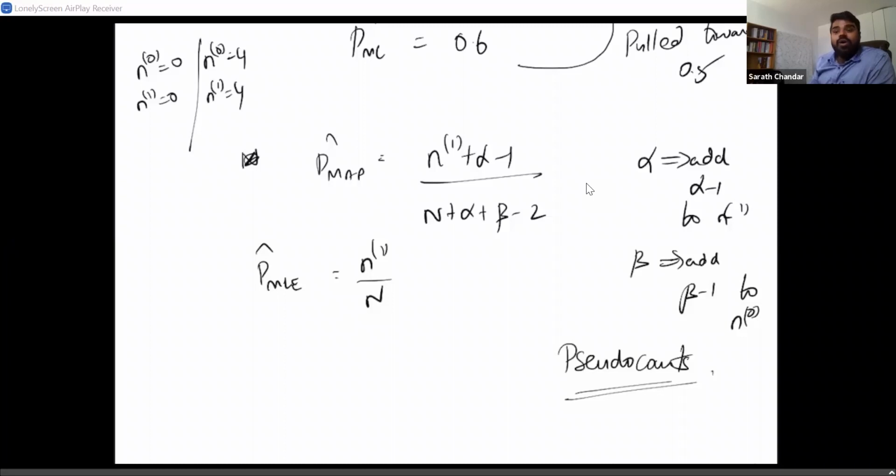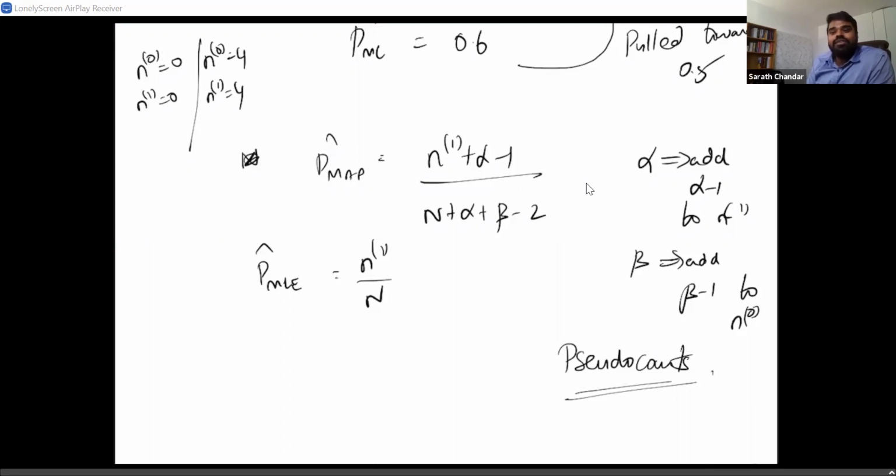Now we also interpret the strength of this alpha and beta. Instead of starting with alpha equal to beta equal to 5, which gives me 4, 4, I could start with alpha equal to beta equal to 1000. That gives a very strong message that it's a fair coin, right?